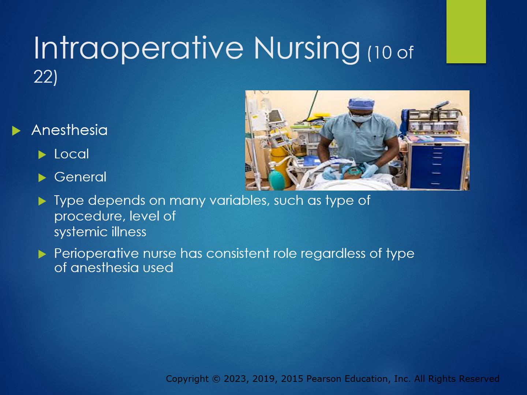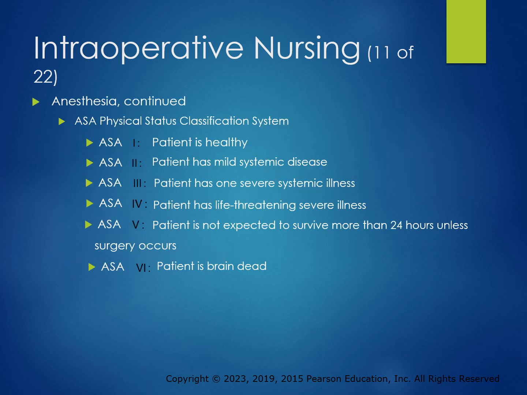And then general anesthesia, this is where they're intubated, and they will intubate you before you go into the surgical procedure itself. So you have to teach them what to expect after they've been intubated, because they're going to have a sore throat. How do you treat that sore throat?